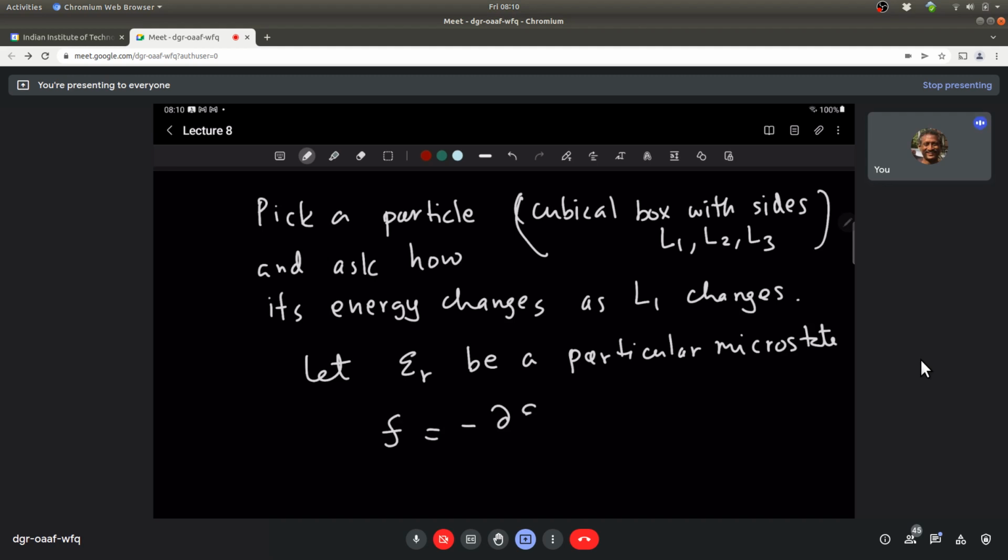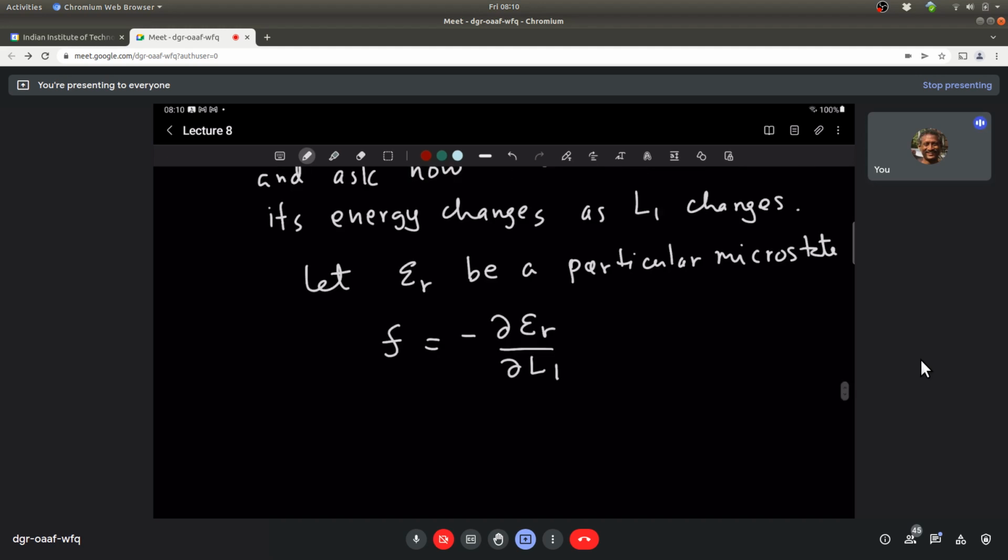I won't explain the sign today. As we change L1, at least dimensionally you can check force times length is the work. So work done by the system, etc.